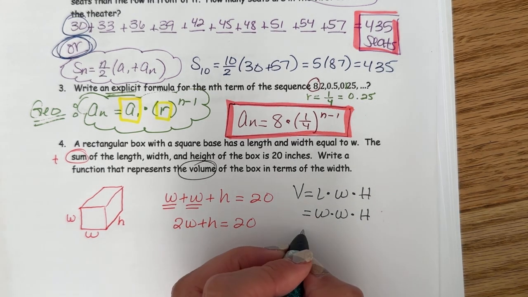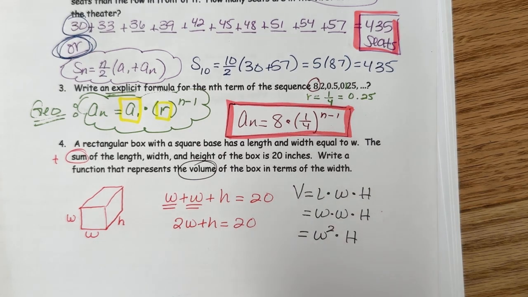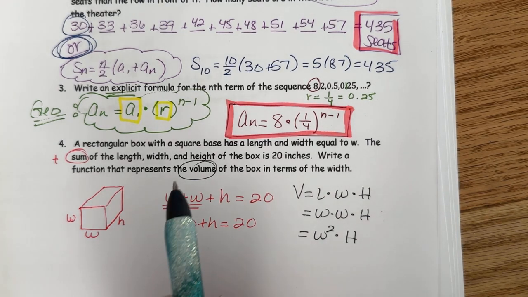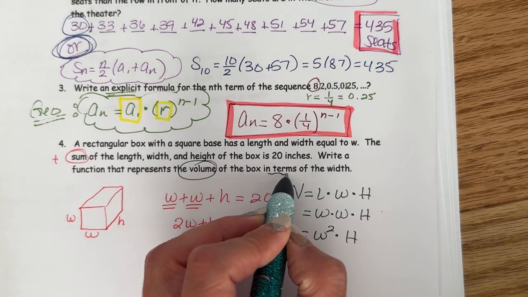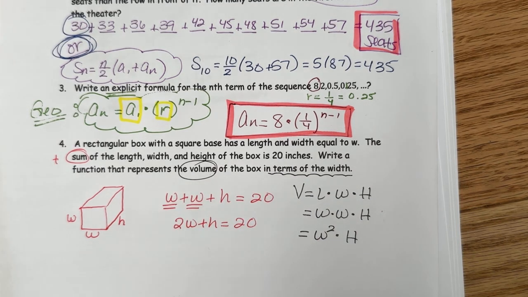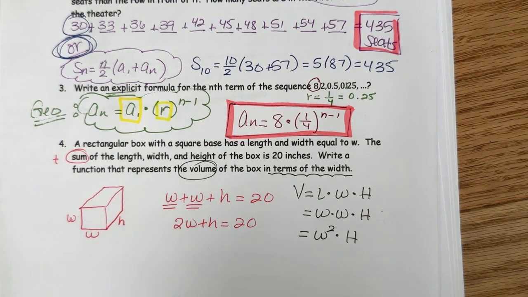Well, W times W is W squared times the height. Now here's the thing. It says the volume of the box in terms of the width. So that means we only want W in our formula. So that H gotta go. So I'm gonna make it disappear, but I have to make it disappear mathematically. I am using a capital H, but my lowercase and capital H mean the same thing.